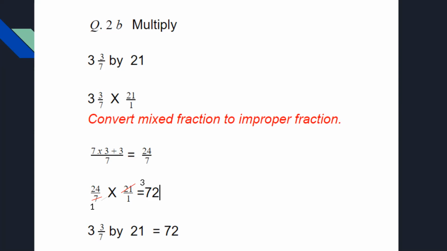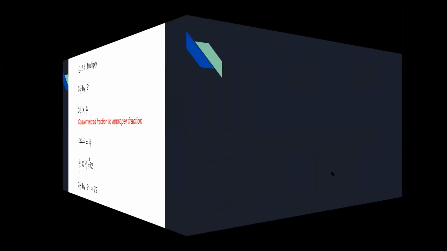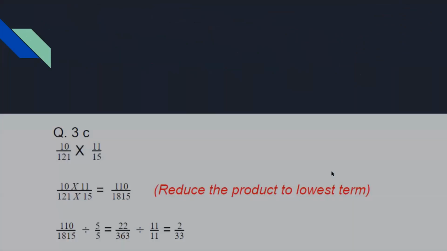So when we multiply this, we can cancel and we will find the final answer, that is 72. I take this example separately because we can do this solution in both ways. Either we can multiply and then divide by any table which is divisible, or we can cancel also if both the numbers are coming in the same table.